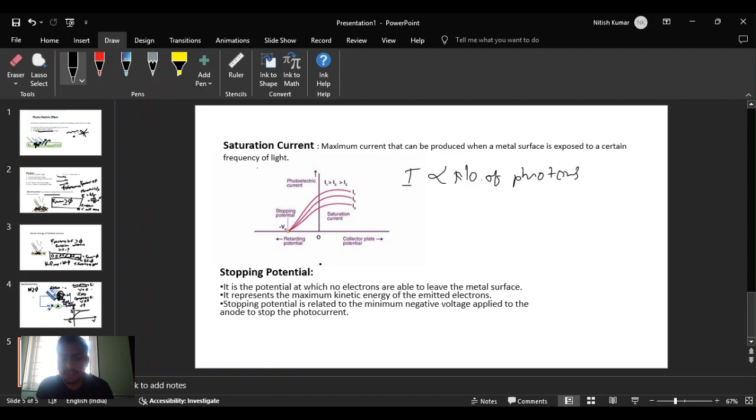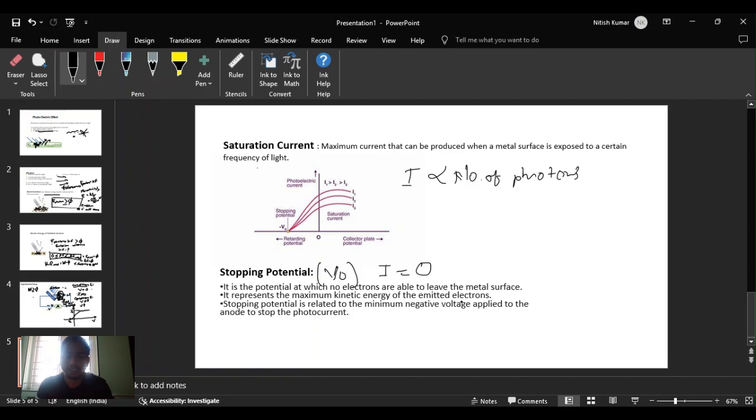The second thing is the stopping potential. The stopping potential is the potential at which no electrons are able to leave the metal surface, meaning at that time the current I will be zero in the circuit. We want to make this I zero in the circuit. It represents the maximum kinetic energy of the emitted electrons.